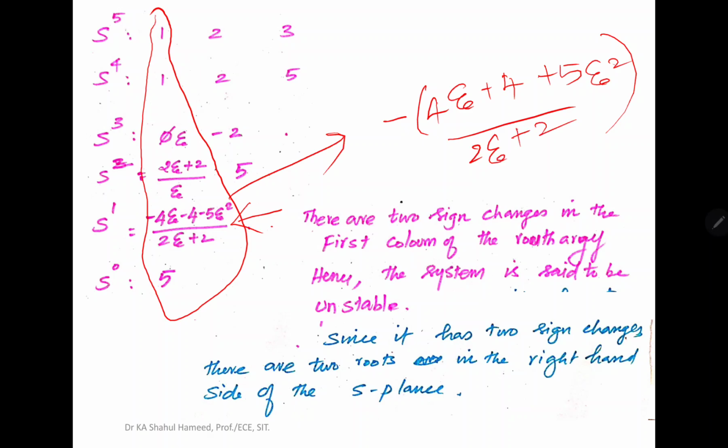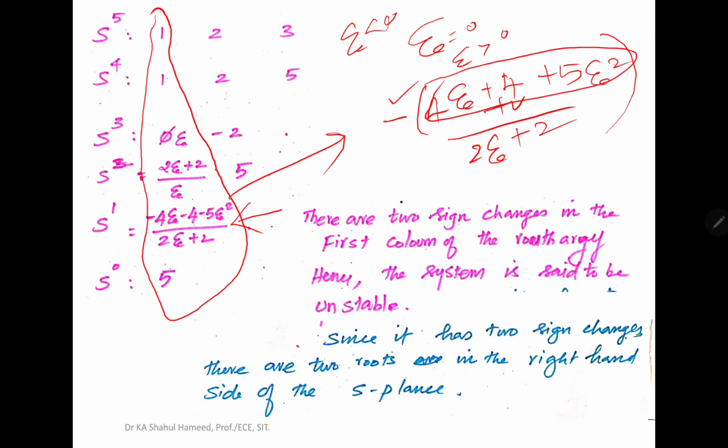Here, for any value of epsilon, for example epsilon equal to 0, or epsilon greater than 0, or epsilon less than 0, the value is positive. Positive and negative are related. For any value of epsilon, this expression will give only a positive value.